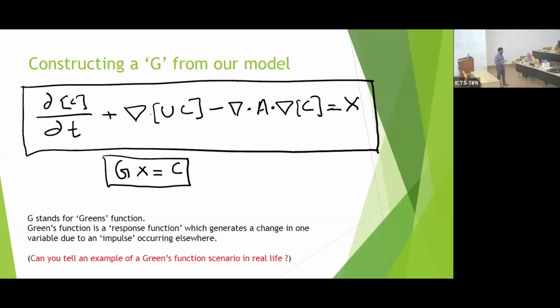Fire may be happening elsewhere, but you feel the CO2 due to fire at your own place because the wind carried it. So that's the real-life example of this Green's function. The fire occurred elsewhere, and you are sitting far away, but you see the impact of the fire. Who brought it? The transport or the dynamics. So that's the Green's function.